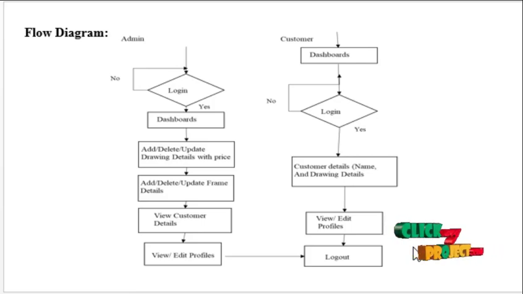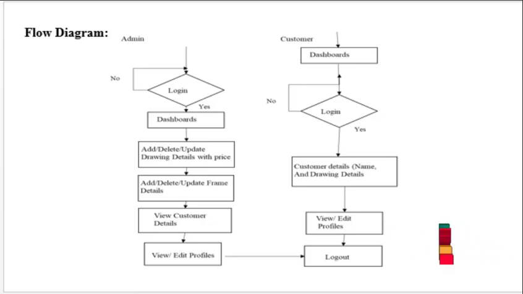Admin also has to add and update frame details such as frame title, frame images, frame type, size, frame materials, and view the customer details of those who registered for any drawing or frames or order with prices. Admin can edit the about us and contact us pages for user viewing purposes, and view and edit their profiles as they wish.